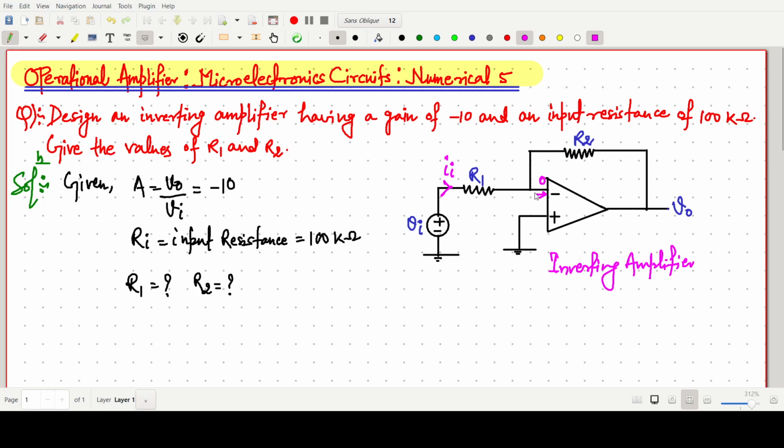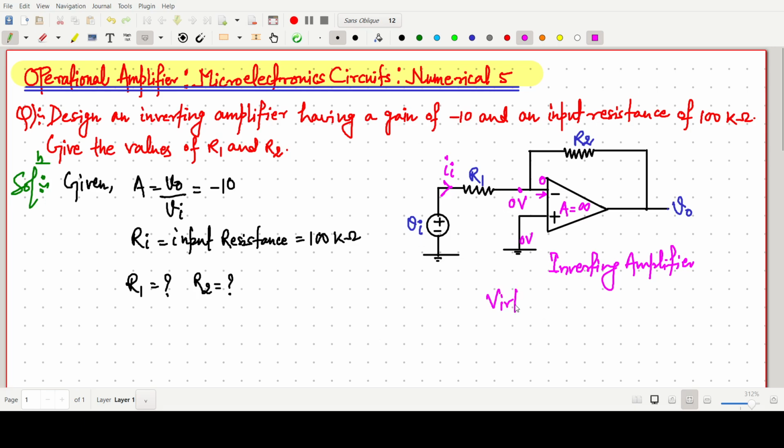There will be zero current into the amplifier, and we are assuming that this operational amplifier is the ideal one. So due to the virtual ground concept, this voltage will be 0 volt, the ground potential, because we are considering the gain value infinite.